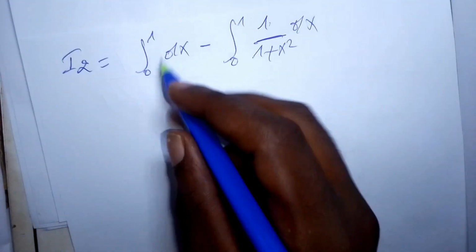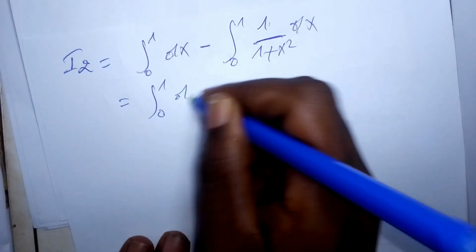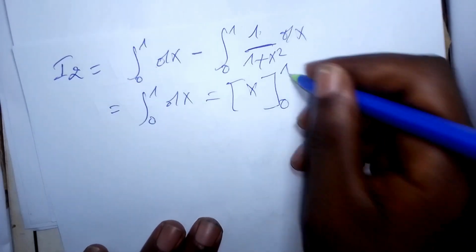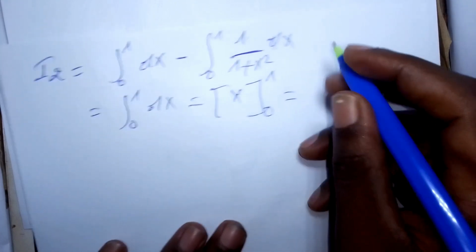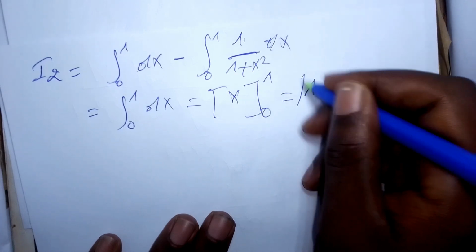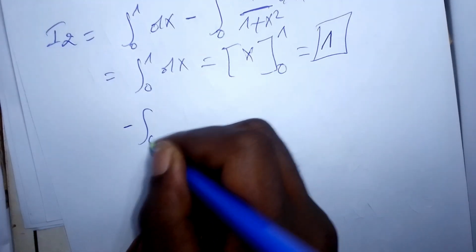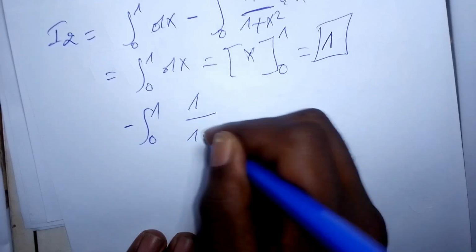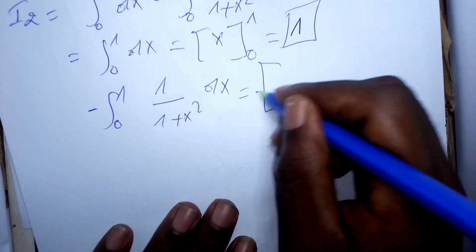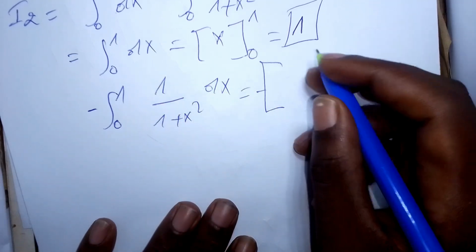Let's do it separately. The integral of 1 dx equals x. We place 1 here, that is 1. Let's integrate this one also: the integral from 0 to 1 of 1 over 1 plus x squared dx is equal to arctan of x.